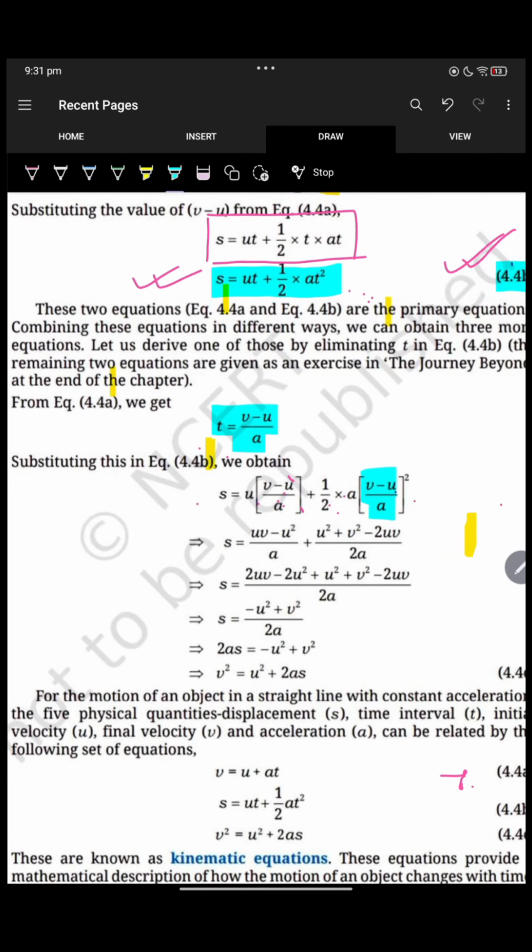Now when you simplify it, you will get V square is equal to U square plus 2AS.